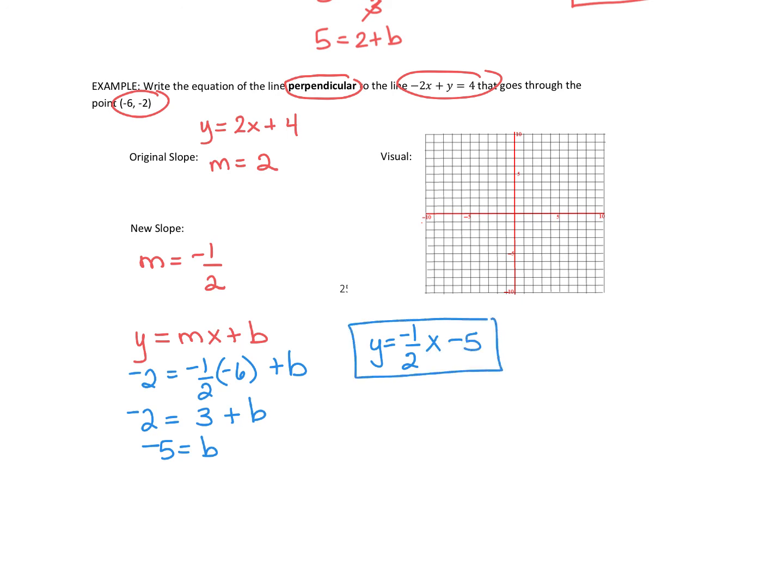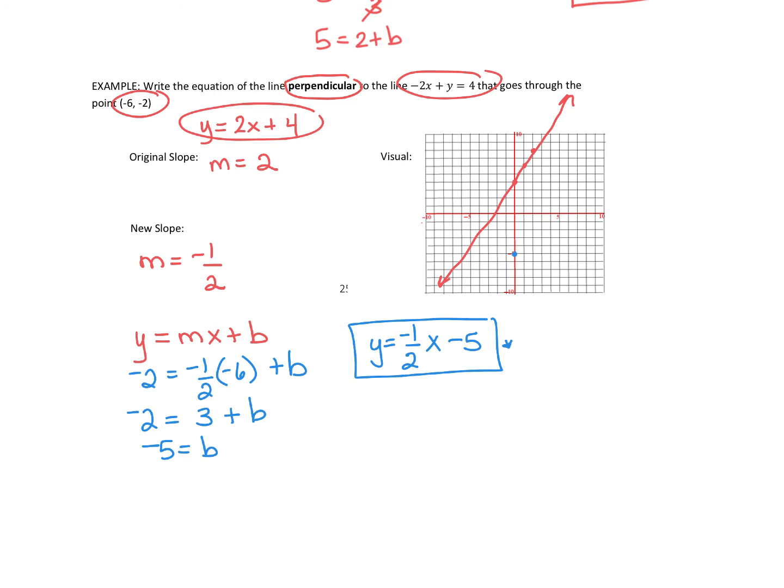So let's plot both of these and see. So our first one, 2x plus 4, up 2 over 1, up 2 over 1, looks like this. And our second line down here, I'll cross the y-axis at -5.